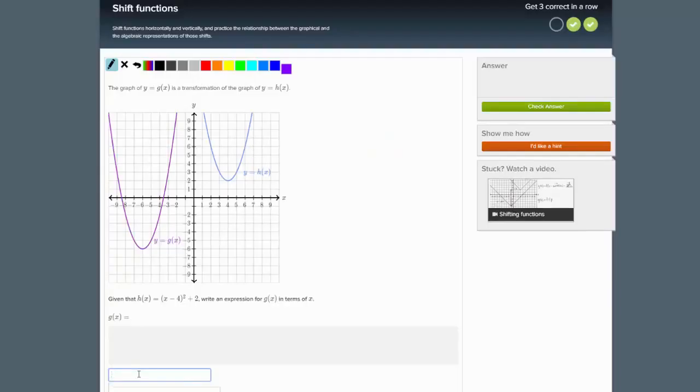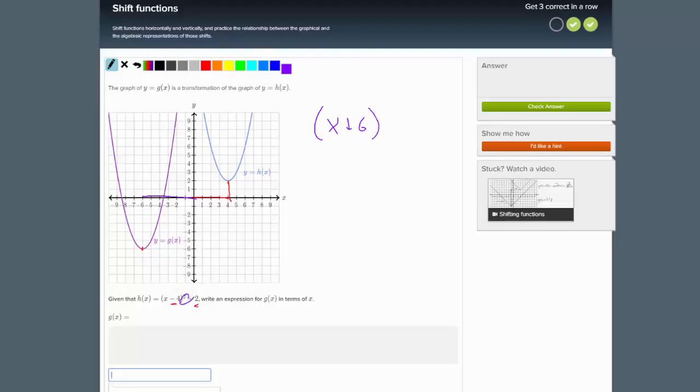Same thing, parabola. I'm looking for landmarks. My landmark is going to be the vertex. Okay, the vertex. h of x, which is the blue one, got shifted right 4, so it's minus 4 here, up 2, so it's plus 2 here. My purple line got shifted left 6, so when I go in my graph, it'll be plus 6.